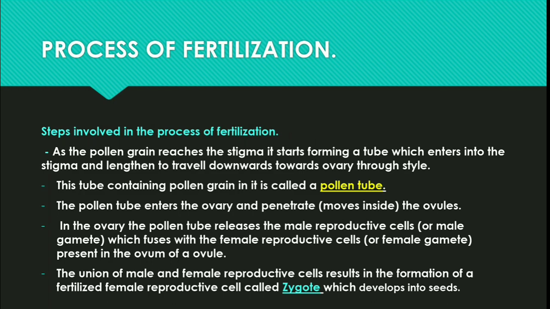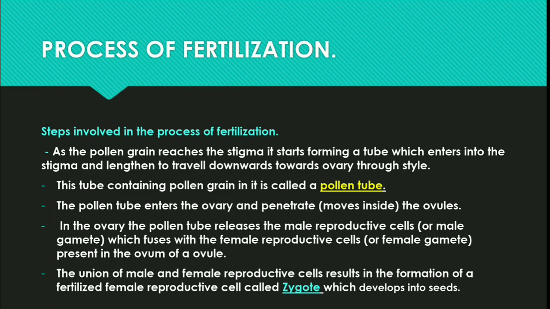So the pollen tube which is carrying pollen grain in it, the pollen grain will come down slowly and enter into the ovary and fuse with the ovule. Pollen grain is the male cell and ovule is the female cell.